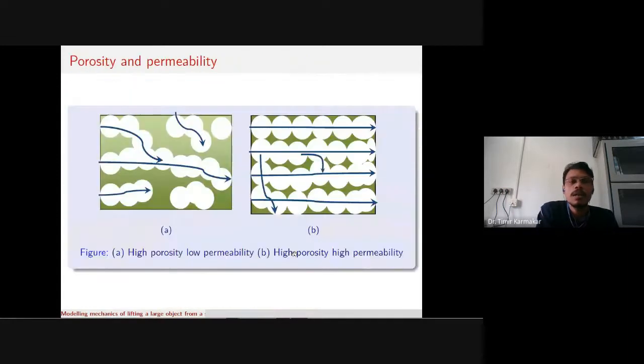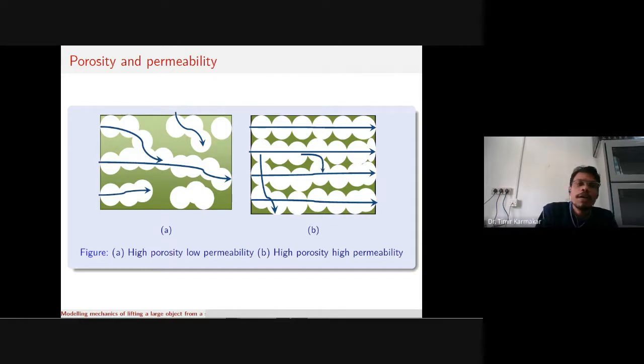For example, in this picture, some void spaces are there, and then they stop, here also they stop. So even though this represents high porosity, the medium is very low permeable. But in this case, since the pore spaces are connected, this is a high porosity medium as well as high permeability.